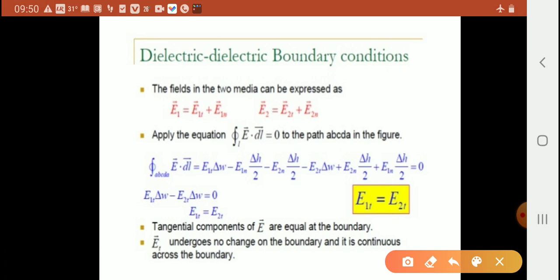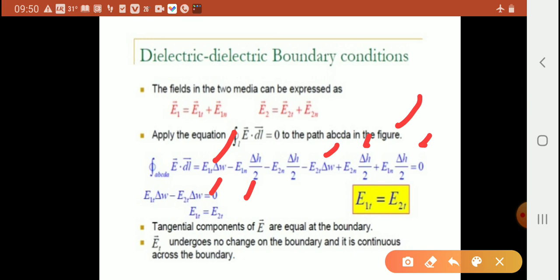Applying the equation closed integral E dot dl equals 0 to the path ABCDA in the figure: E1t del W minus E1n del H by 2 minus E2n del H by 2 minus E2t del W plus E2n del H by 2 plus E1n del H by 2 equals 0.